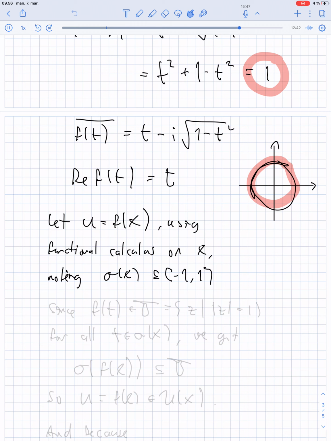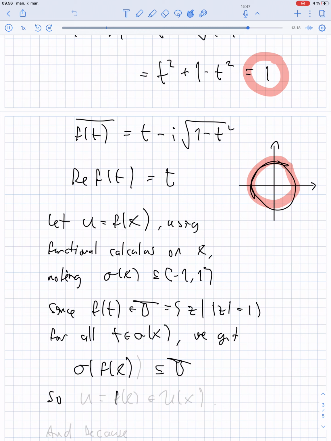So since f of t is in T, which is the set of complex numbers of modulus 1, for all t in that interval, or maybe actually it would be more appropriate to say for all t in the spectrum of x, we get that the spectrum of f of x is contained in T.